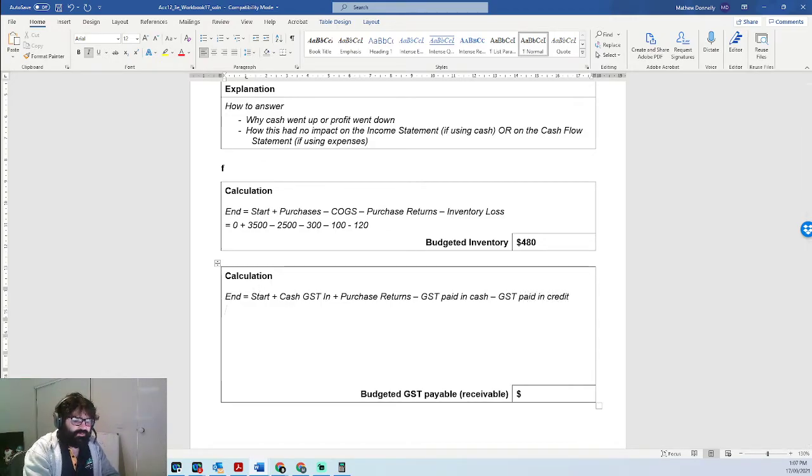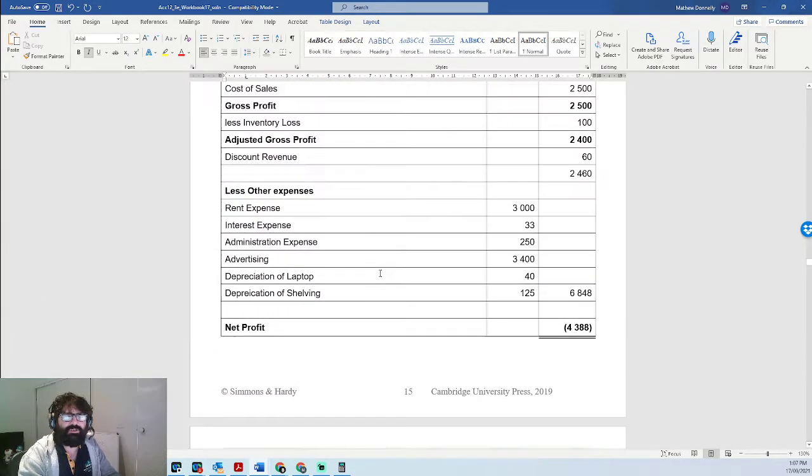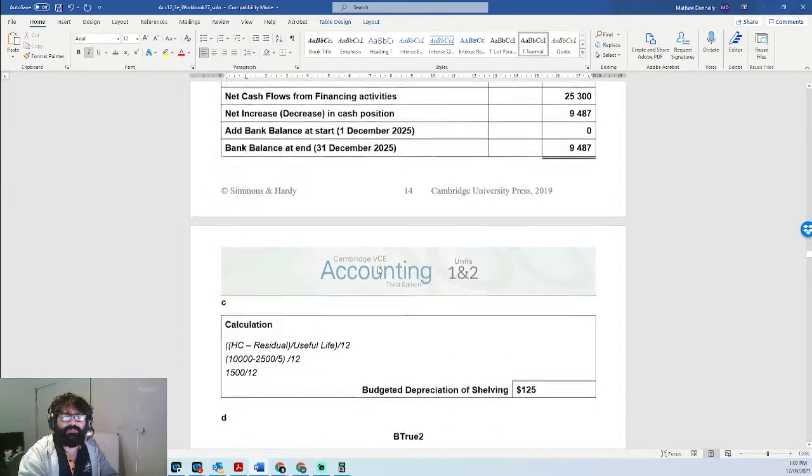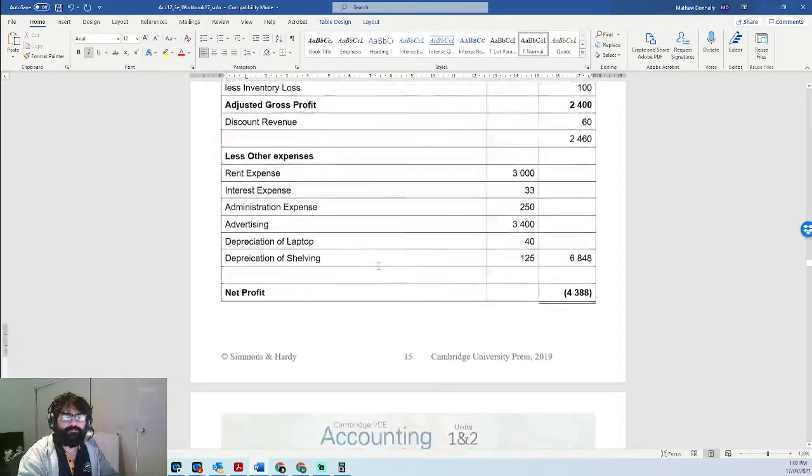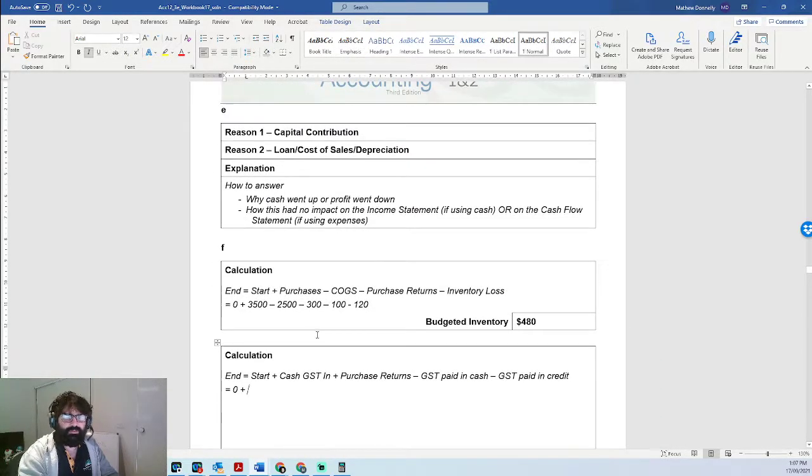So our start's 0. Our GST paid in cash, if we go to the cash flow statement, was 500. I'm also going to remember 1665, okay? So it's 0 plus 500 minus the GST paying cash, 1165.